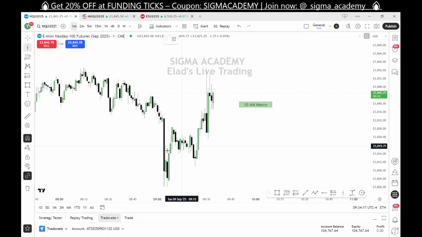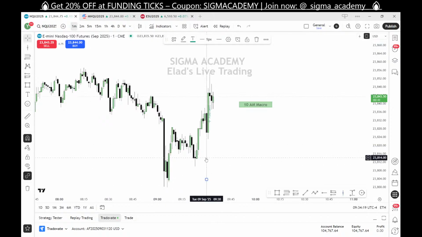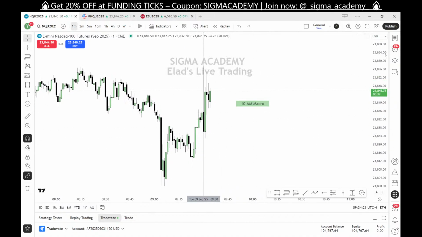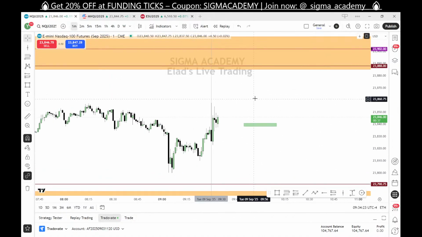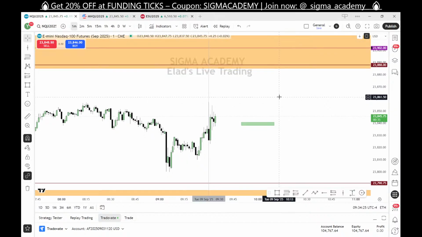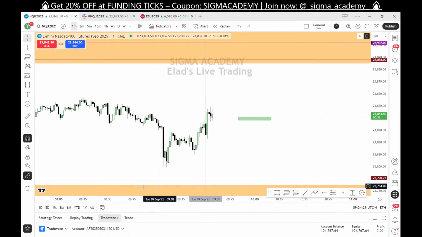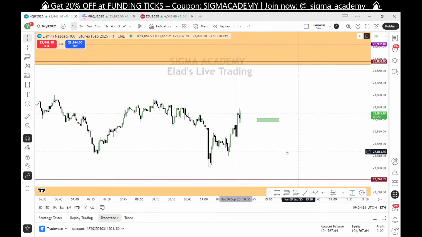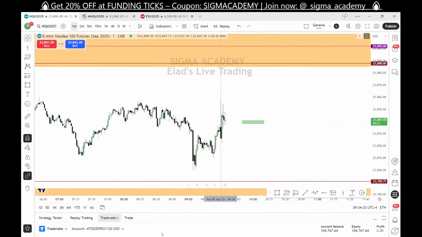I will mark it as a horizontal line like here, and let's see where the first fair value gap is. After we analyze the NQ, we can look at the ES for a better, clearer view. Okay, one moment.